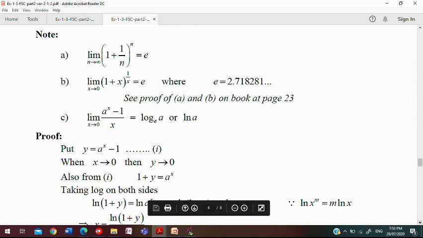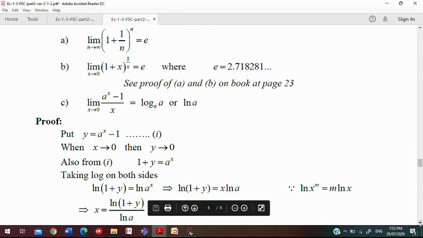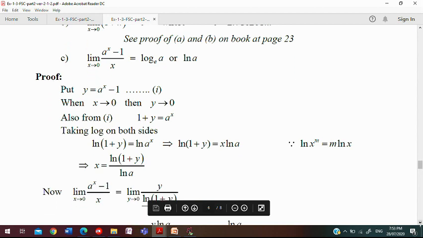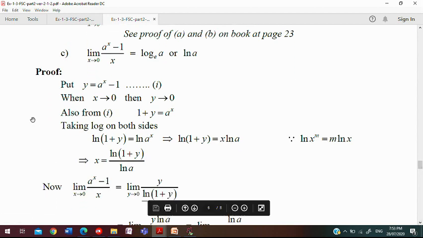So we will start the proof of this theorem. What will be the first step, the same as we have done in the previous theorem? We have taken some supposition. So in this case we take y is equal to a^x minus 1.